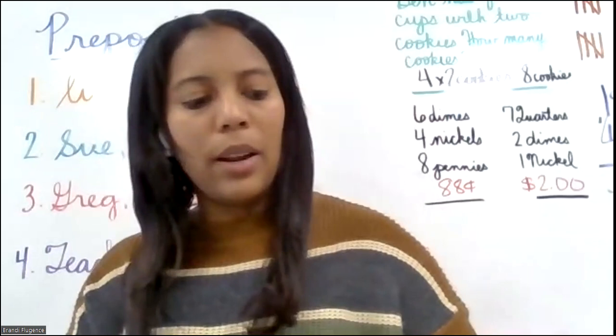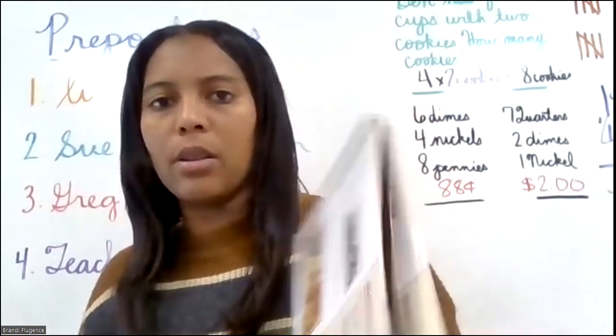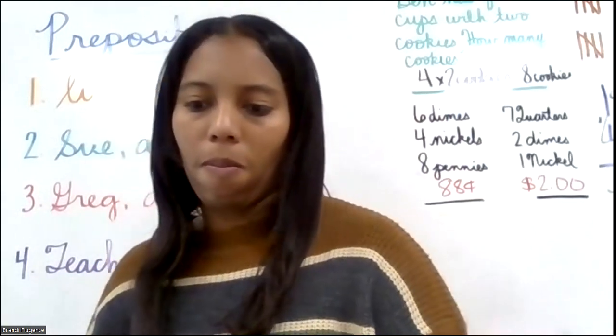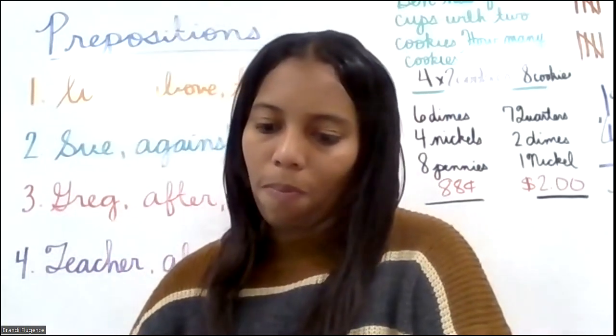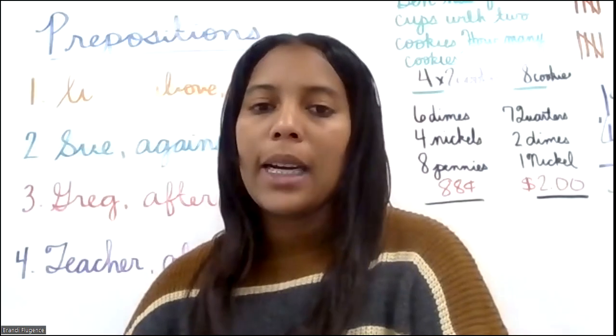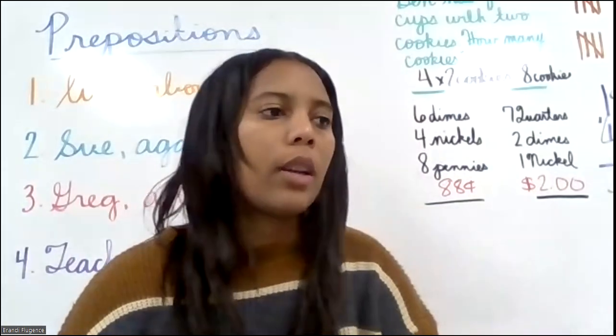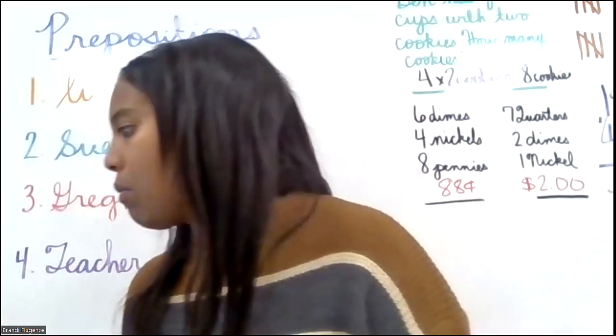Okay, so on 124, let's go ahead and answer our questions on 124. Okay, number one, what were the men who looked after the cattle called? Cowboys.